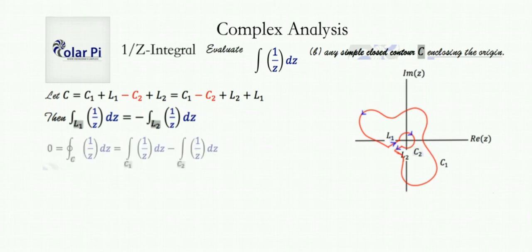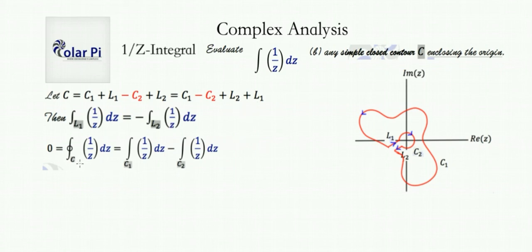And so let's show that. So I've already explained sufficiently why the integral over C has to be equal to 0, and that's from part A. And I've already explained sufficiently why the sum of the integrals over these two contours, L1 and L2, has to be 0.